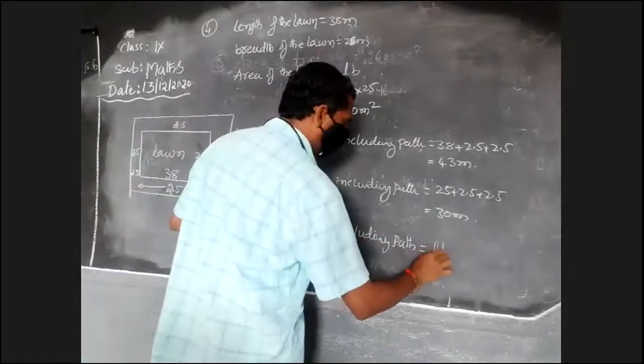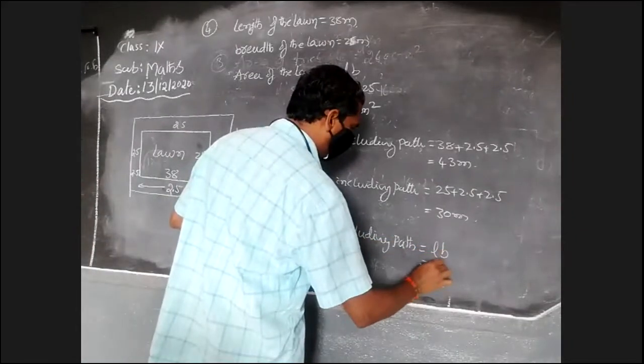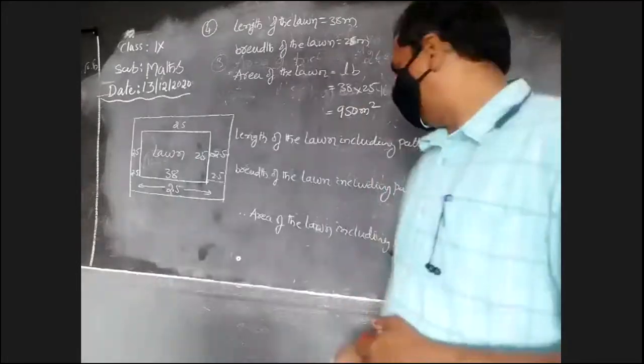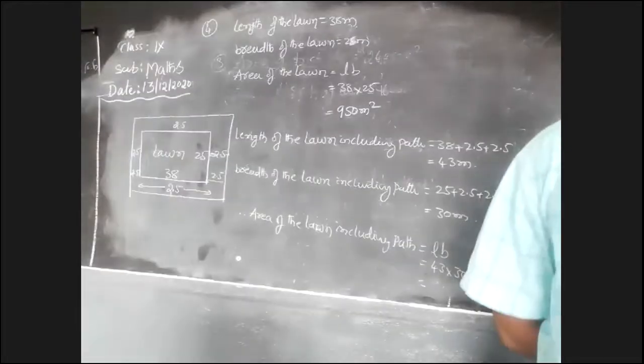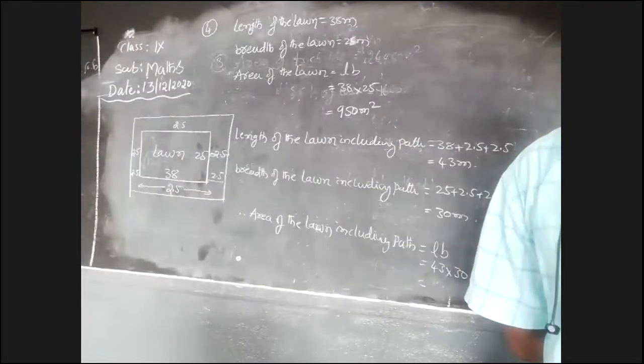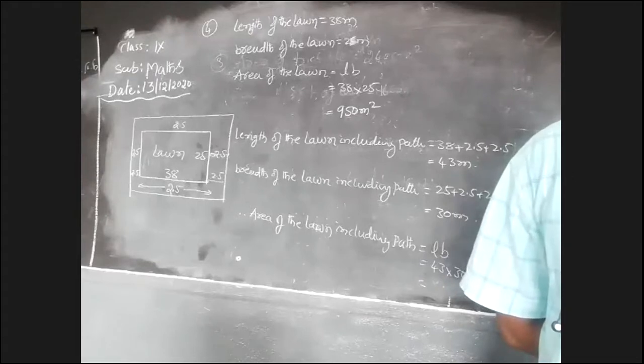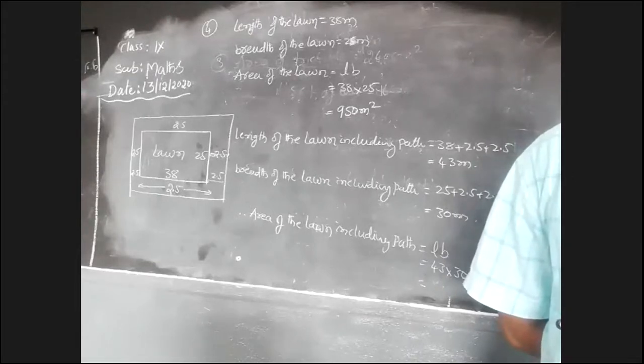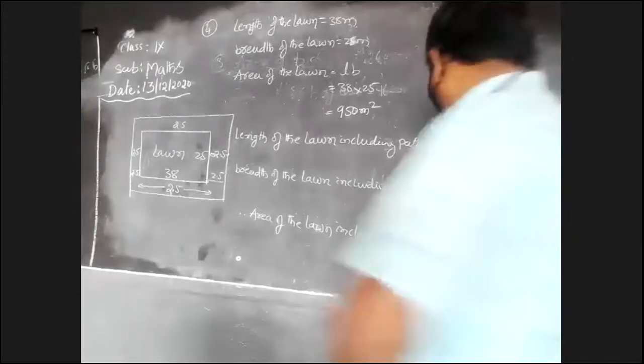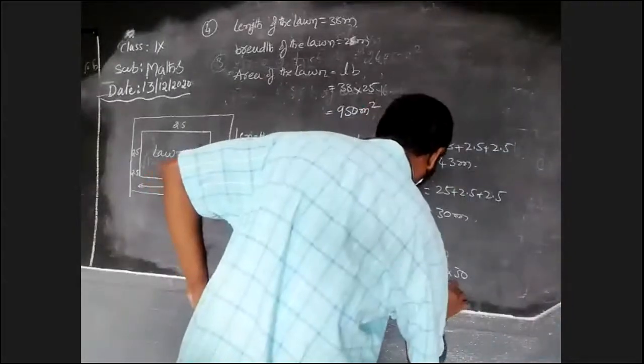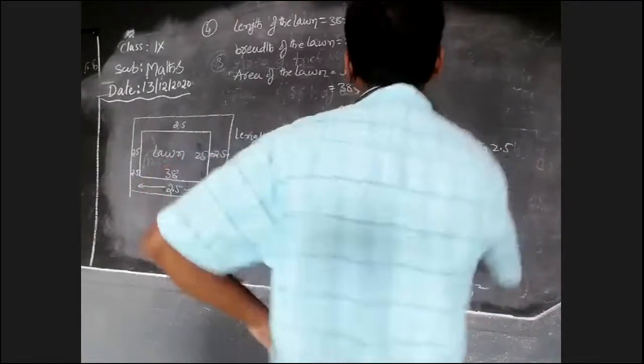So that is length into breadth. 43 into 30. What is the answer? 1290 meters square.